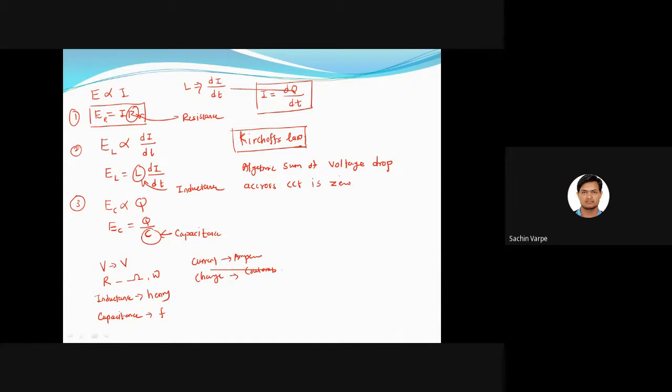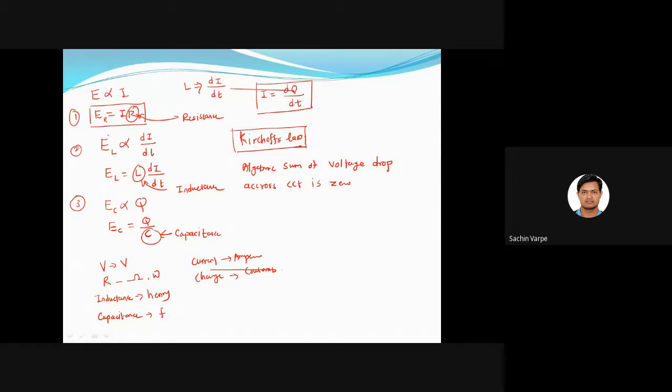If we add the electromotive force with a negative sign, then that will give 0. The total sum will be 0, because that equates with the remaining voltage drops, potential drops. If the circuit involves a resistor and inductor, or resistor and capacitor, accordingly we consider the sum of voltage drops across the components used in the circuit.